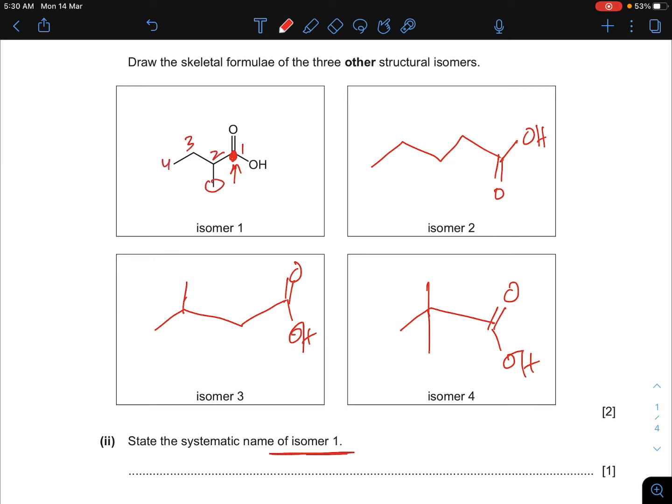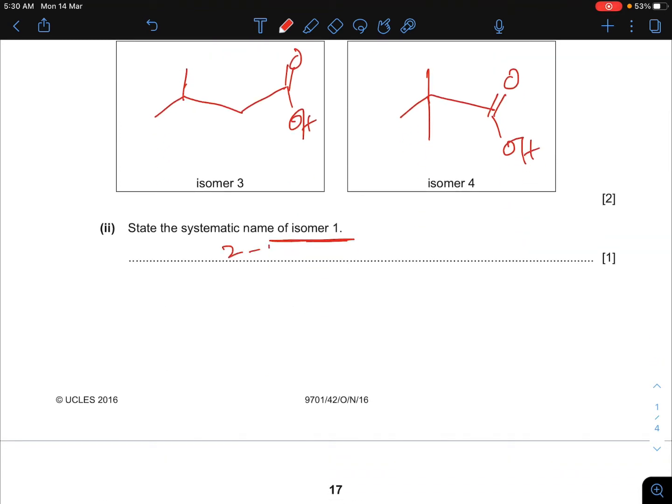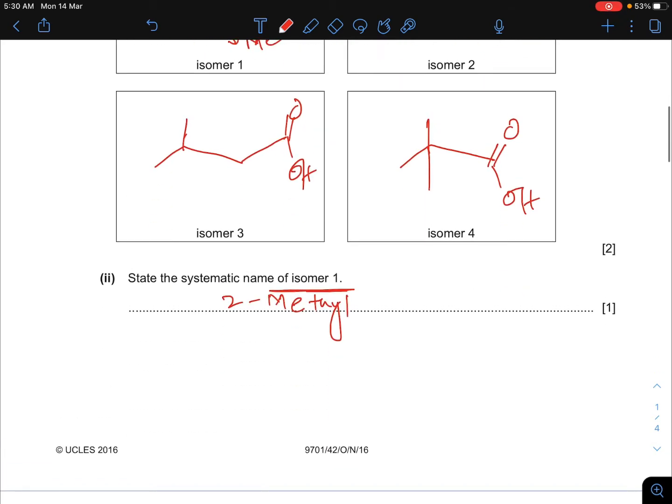So the second carbon has a branch, and because there is only 1 carbon in the branch, it is methyl. So 2-methyl, and 4 carbons in the chain, so it is butanoic acid. 2-methylbutanoic acid.